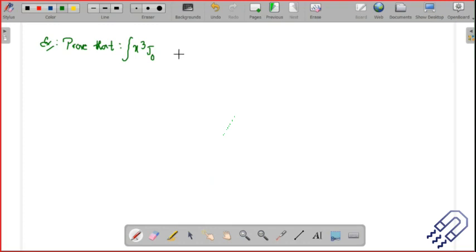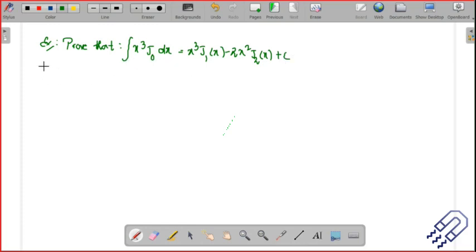I'm not writing x here, it's obviously a function of x. dx is equal to x cubed J1x minus 2 times x squared J2x plus c. That means you have to just integrate it.